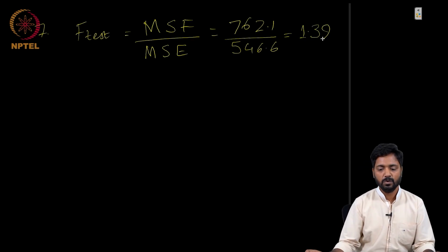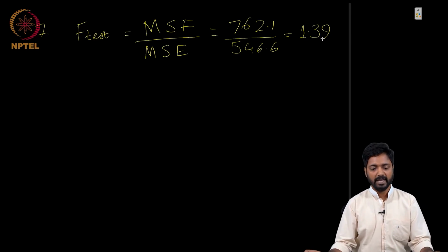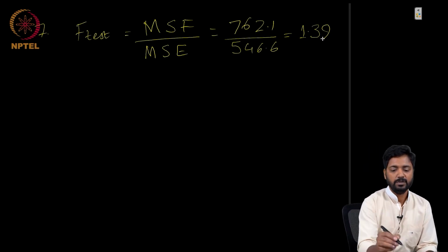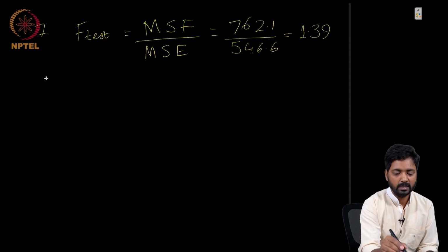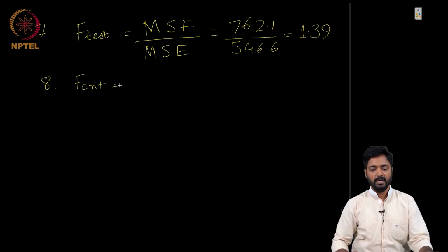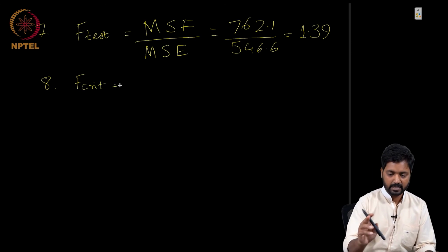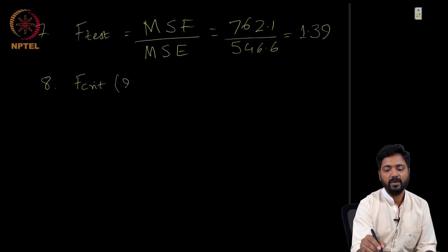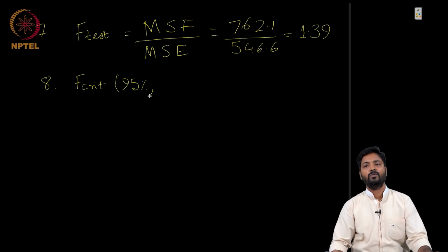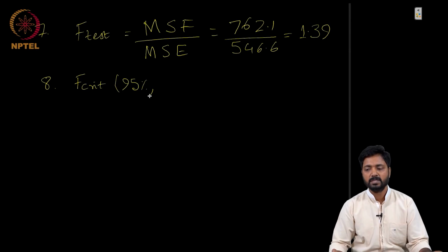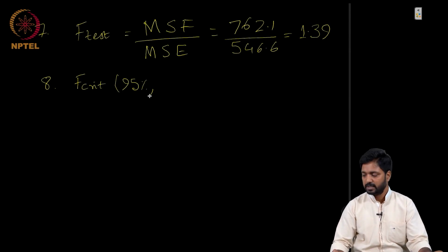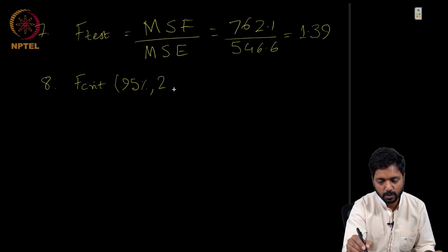Okay. So, since we have got the f test value, we need to finally compare it with an f critical value in the final step, and our f critical value we have at say 95% confidence level, and for the numerator MSF the degrees of freedom are 2.